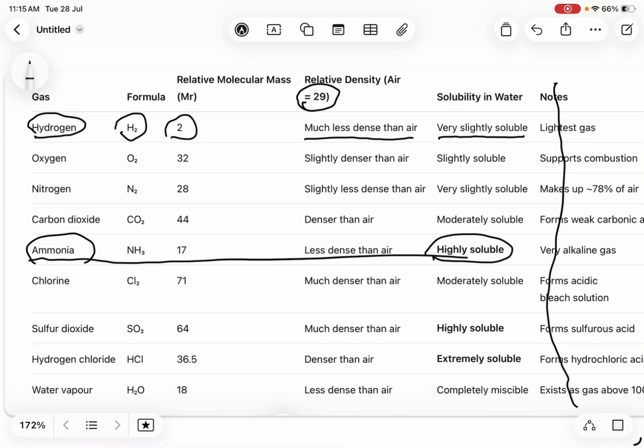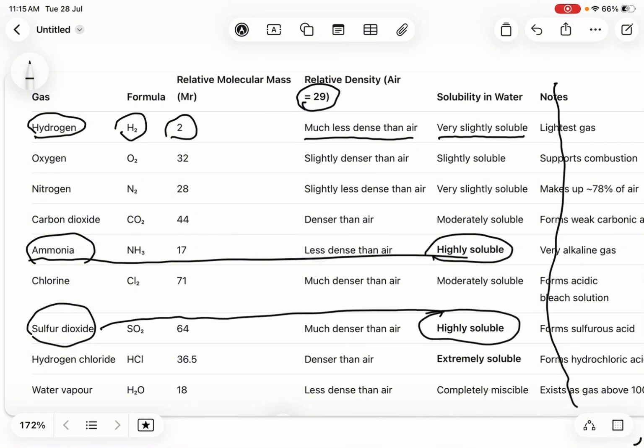Then we go towards sulfur dioxide gas, which is again extremely soluble. And then finally HCl gas, which is again extremely soluble. So these gases are very soluble in water. This is the information that we are going to be using in the next step.